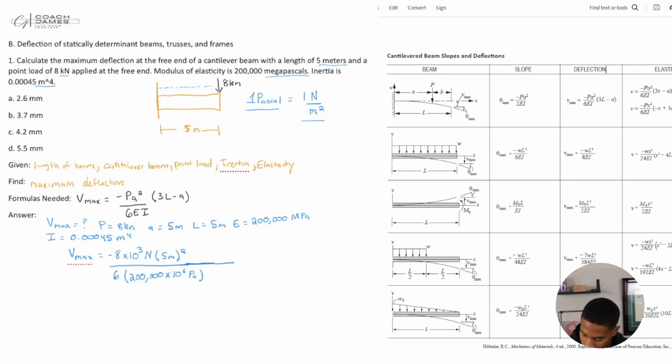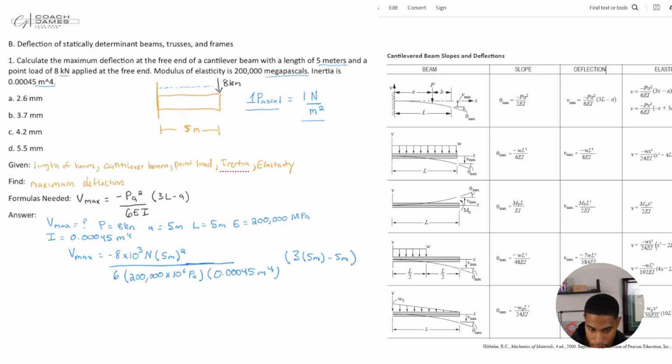Alrighty. What's my I? That was my E. What's my I? I is going to be 0.00045 meters to the fourth. Okay. Times my 3 L minus A, 5 meters minus 5 meters.